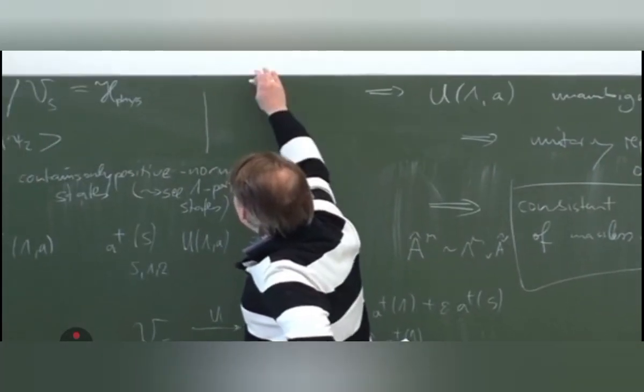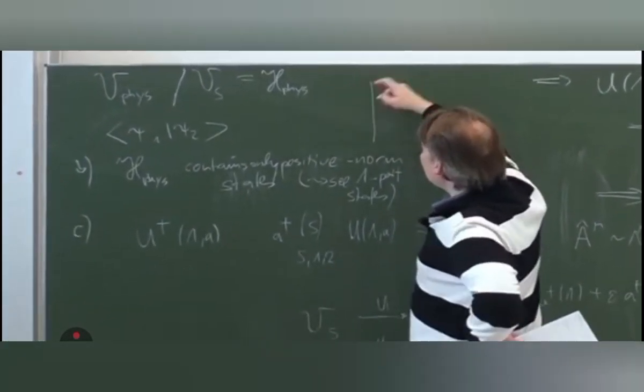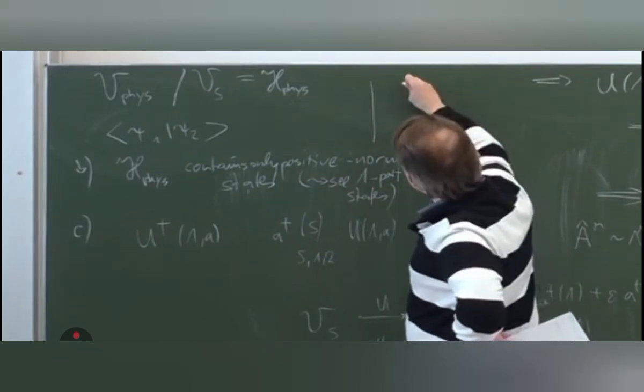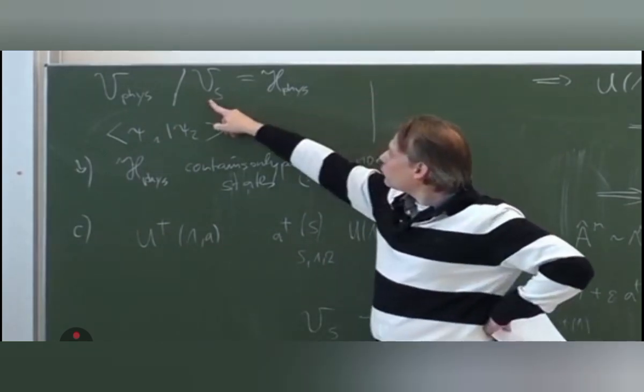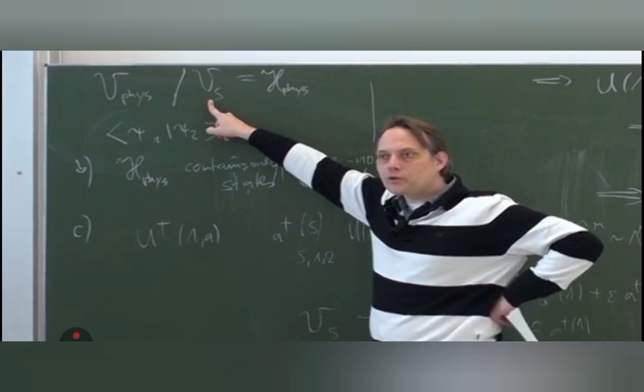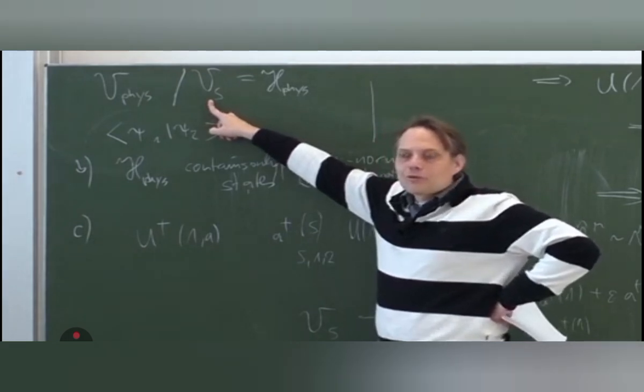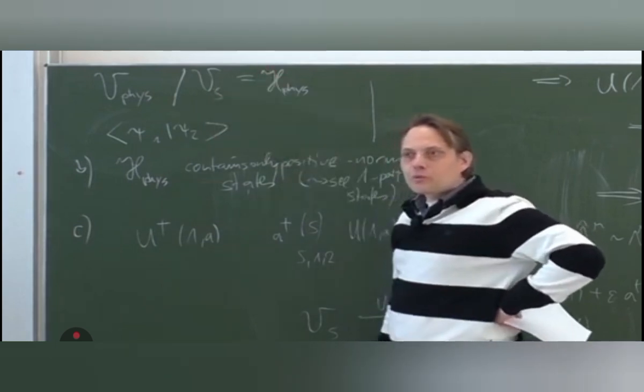I don't know how else one would write it, but the meaning is most likely exactly the same, because our equivalence relation is of course defined by saying that two states are equivalent if they differ by an element of Vs. So that's exactly the same definition of the quotient space.